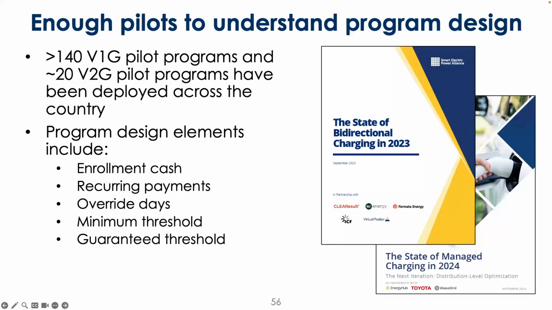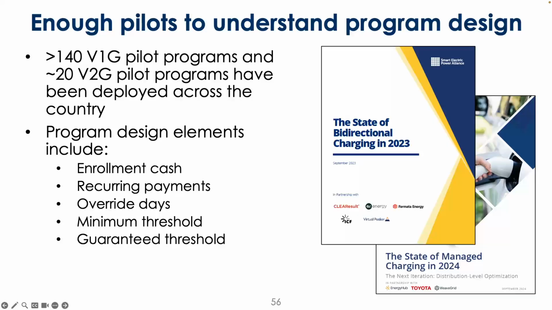This is still a very nascent area. There's over 140 pilot programs for smart charging, and about 20-ish vehicle-to-grid pilot programs that have been deployed or are currently being run across the country. And they are looking at all sorts of design elements for different programs.